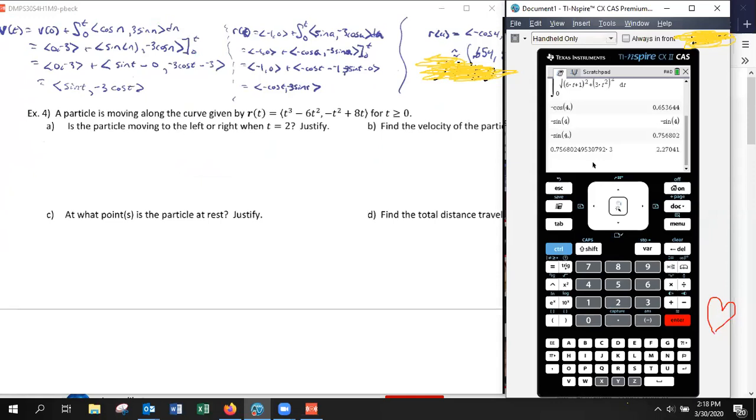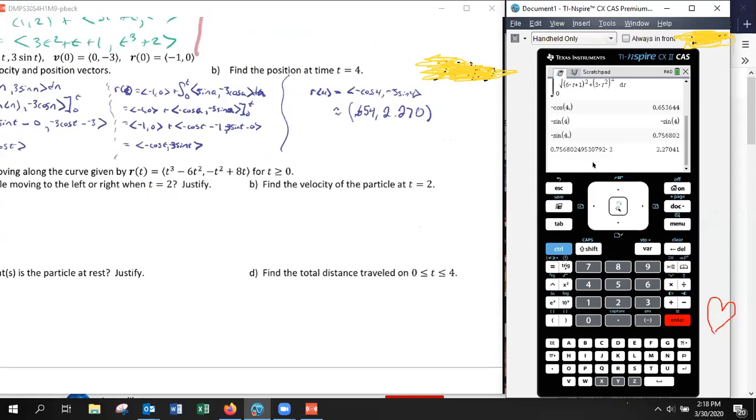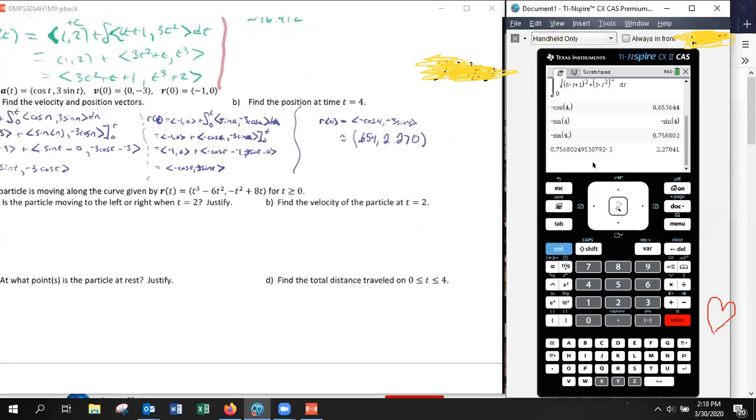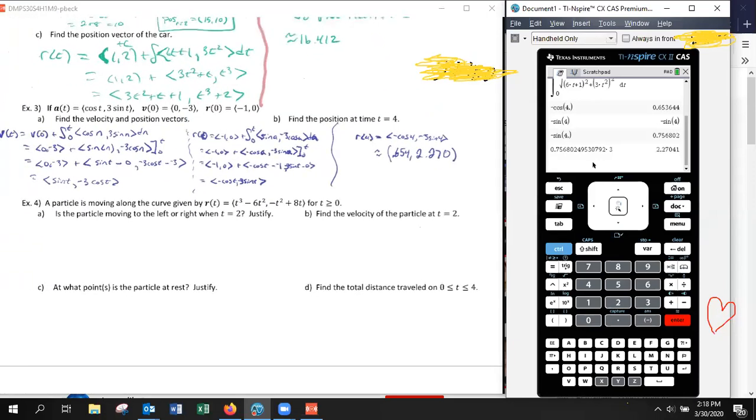Why do I add the values for R of 0 and then subtract them again? R of 0 got built into this expression, which allows me to find the overall position no matter what.